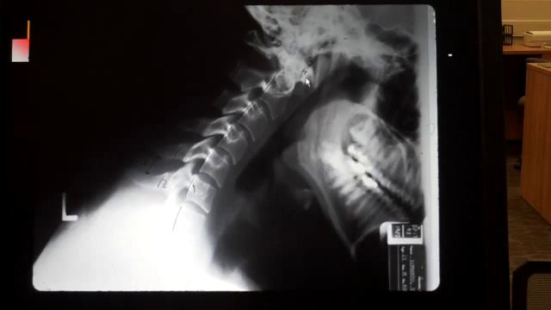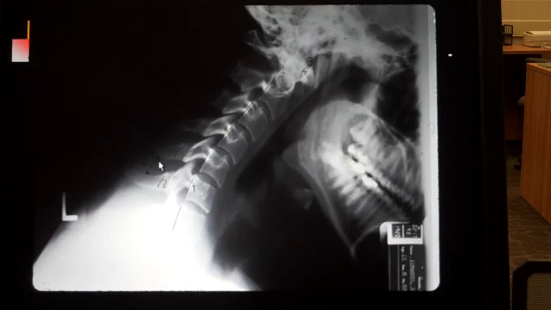So number three designates the ADI, a measurement that we do on the routine lateral view, but we want to make sure that upon flexion this space does not increase or decrease more than 1 millimeter. The last one is number four, designated right here, and this is called interspinous spacing.